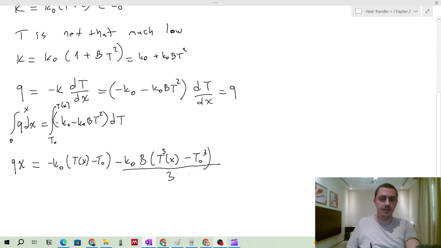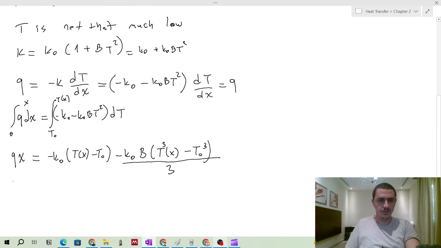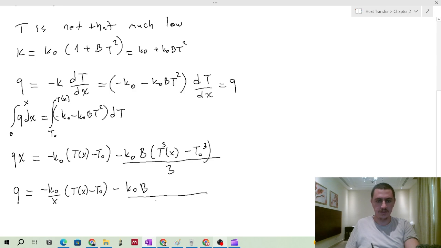We integrate this and divide it by 3. So here is how we express Q as a function of temperature, and you can say also Q for a specific x value will be equal to minus k naught T x minus T naught. T naught is just the wall temperature, okay, when x equals 0.